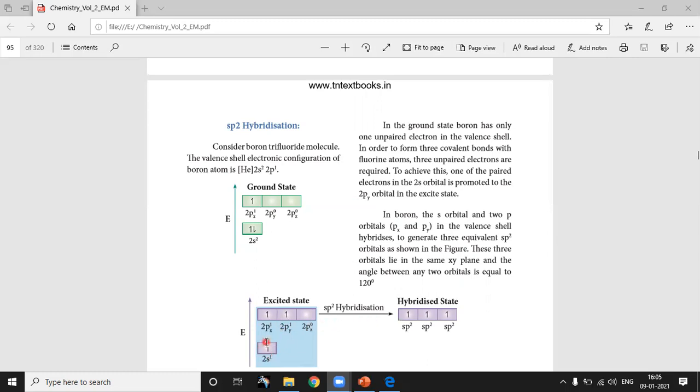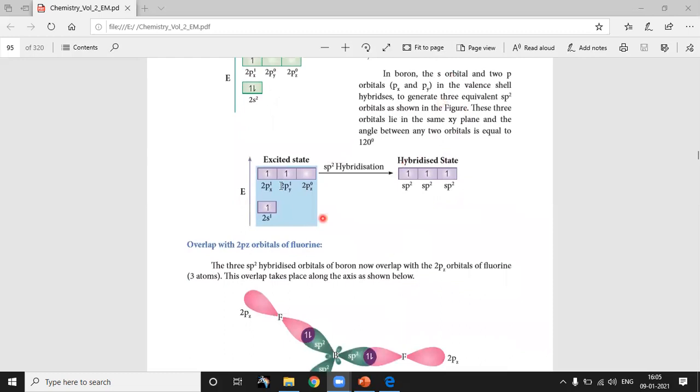See here one electron and here two electrons under the p orbital, so the p orbital will have two electrons, right? So that only we are writing as sp2, that is the p orbital will have three electrons in total. Okay, so these three unpaired electrons will get promoted and lead to the formation of sp2 hybridization.